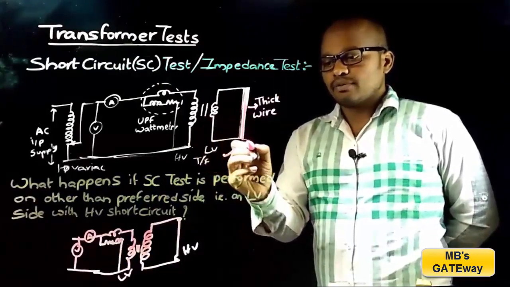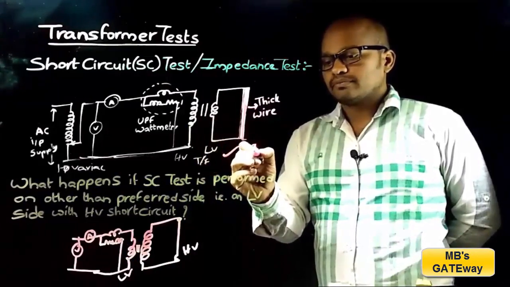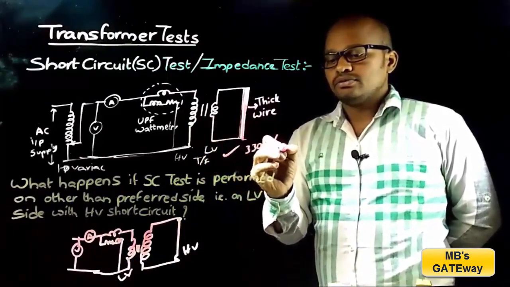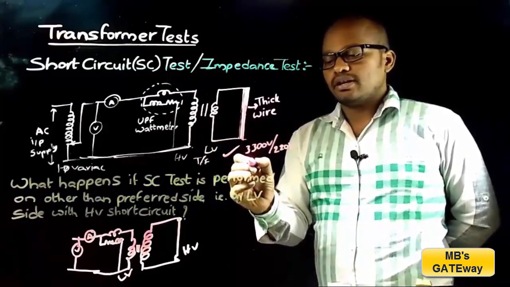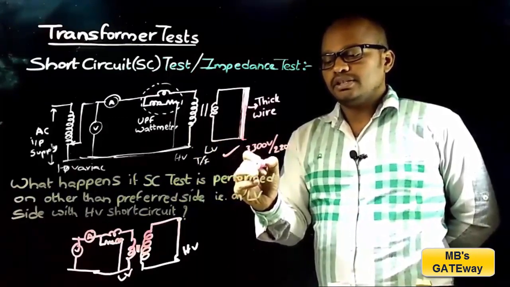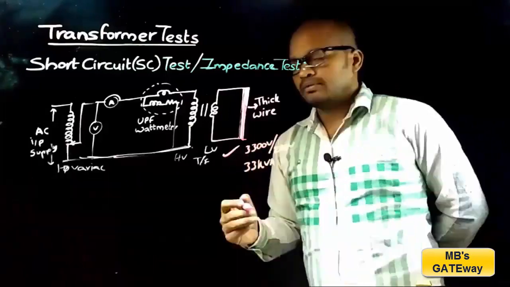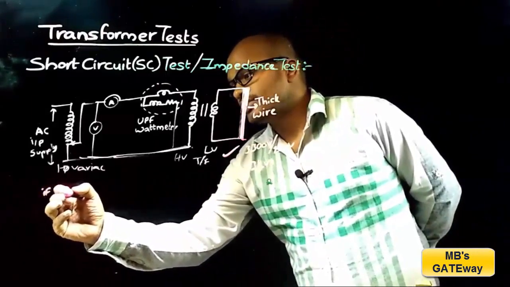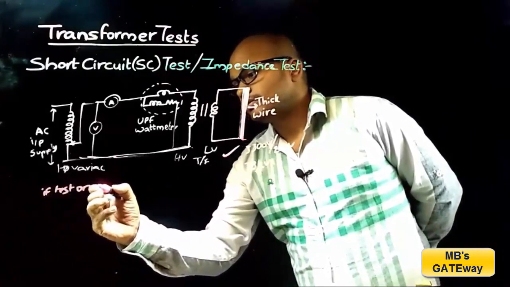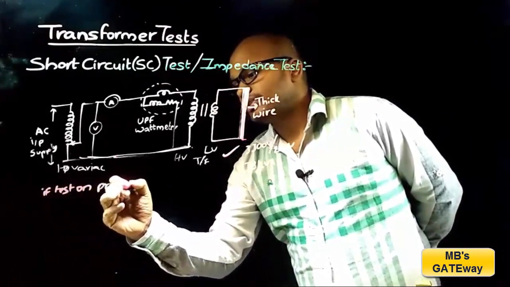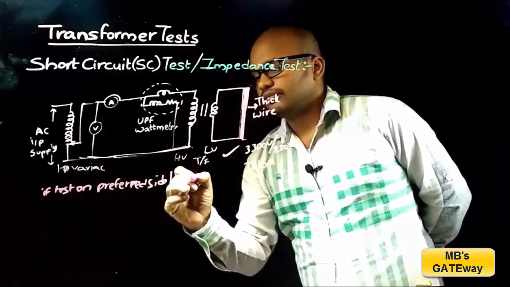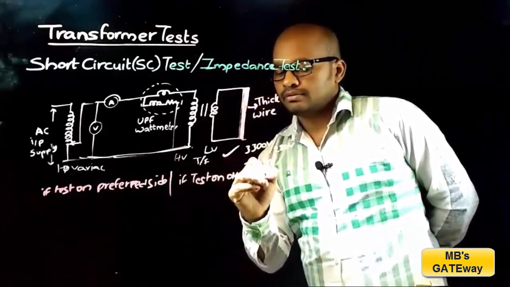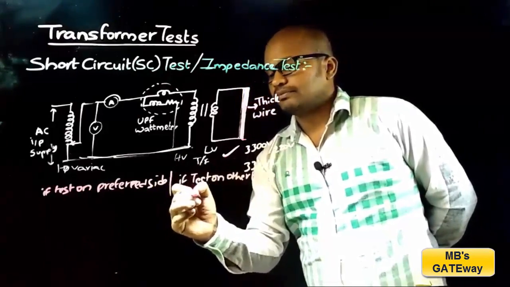Let's take the transformer with 3300 volts by 220 volts and 33 kVA rating. For that, let's consider two cases. That is, test on the preferred side and test on other than the preferred side.